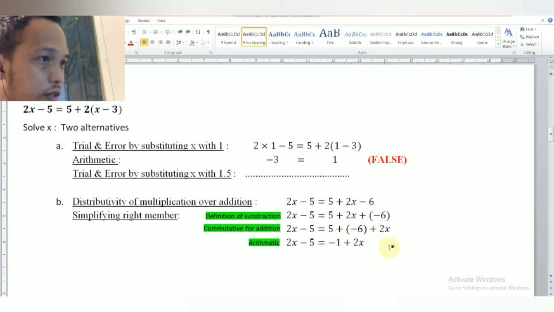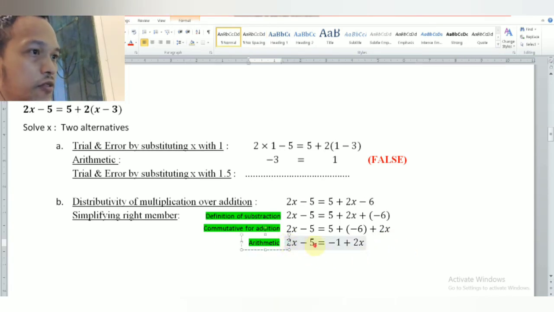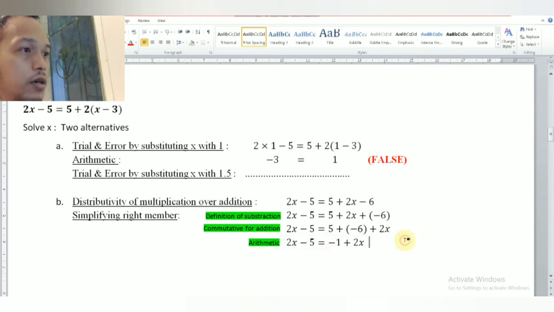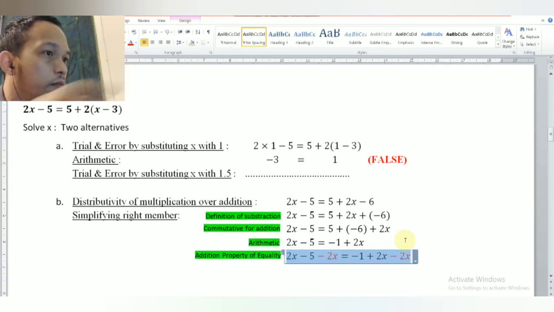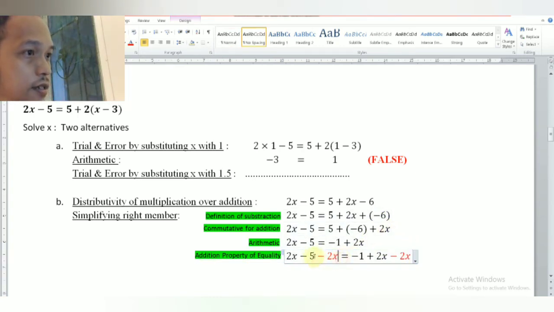And then what? After this, I cannot simplify the left member, and I cannot simplify the right member. So the next thing is to solve for x. I need to make x exclusive. So let's use the addition property of equality. I will subtract both sides by 2x.